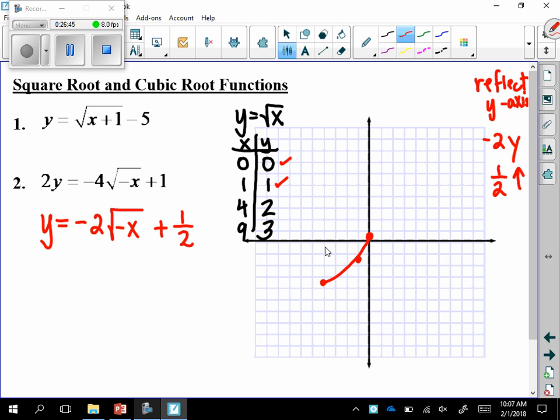And 9, 3. Reflected over. Take the current y-coordinate of 3 and multiply by -2, which will give me -6. And then move up 1/2. Is that correct?